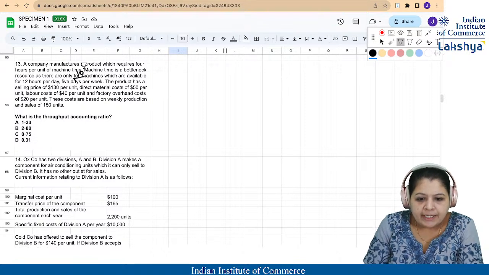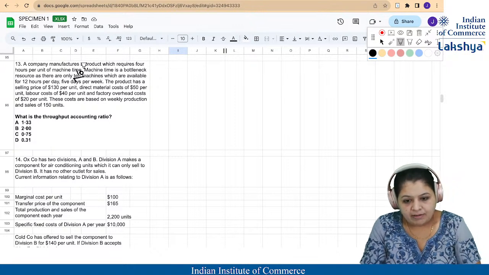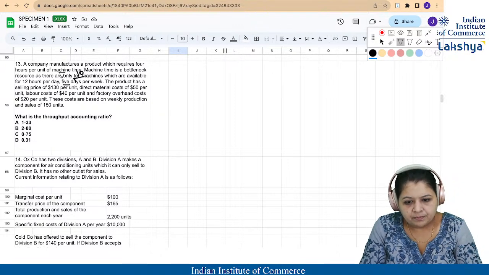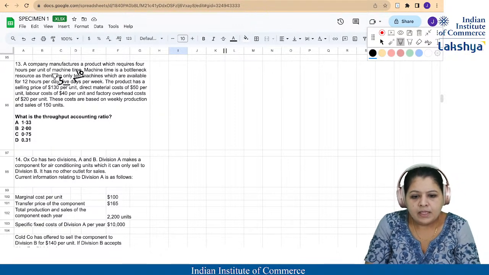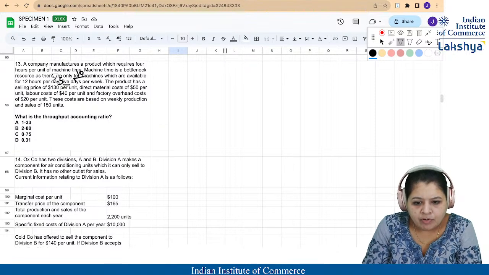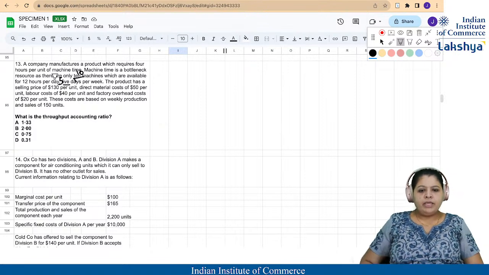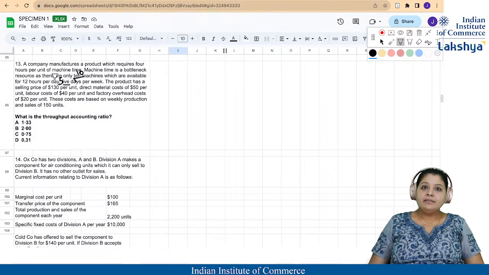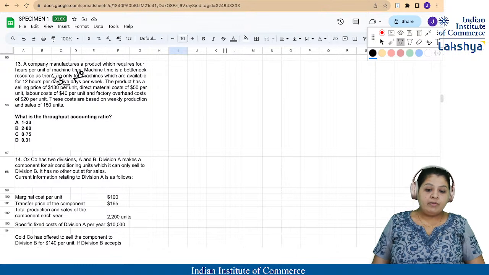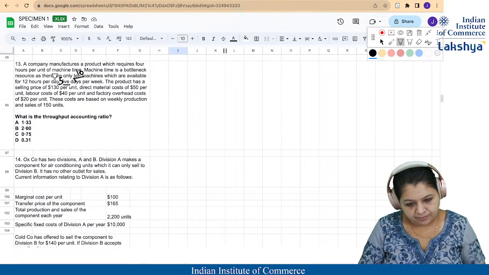Machine is a bottleneck. 10 machines are available which work 12 hours per day and 5 days a week. The product has a selling price of 130 per unit, direct material cost of 50, labor cost 40, and factory overhead is 20. You need to find out your TPAR.